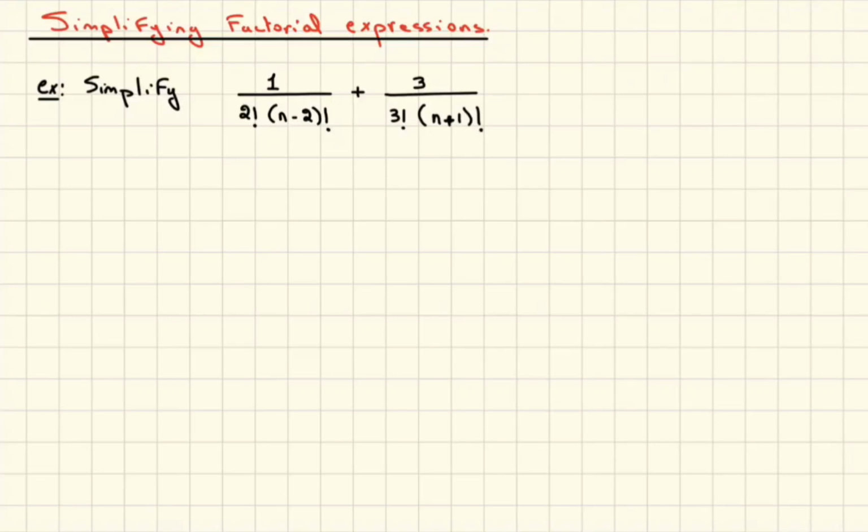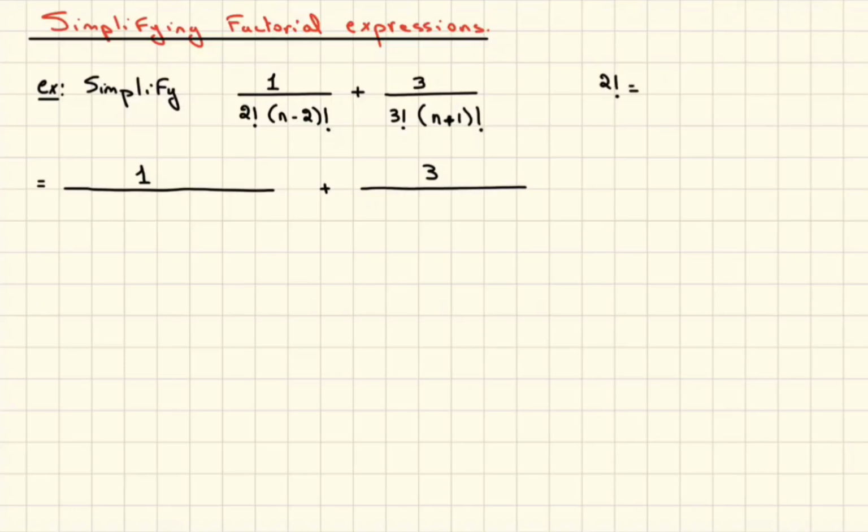So my aim here is to find the least common denominator. To do that, I'm going to write the first fraction and the second one. The numerators stay the same, and I look at 2 factorial by itself.